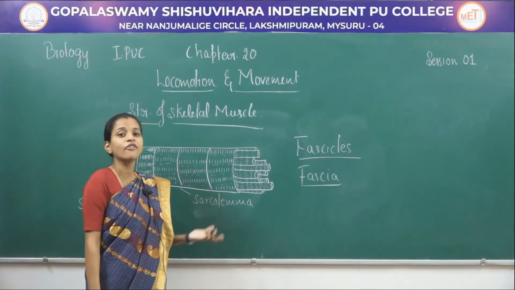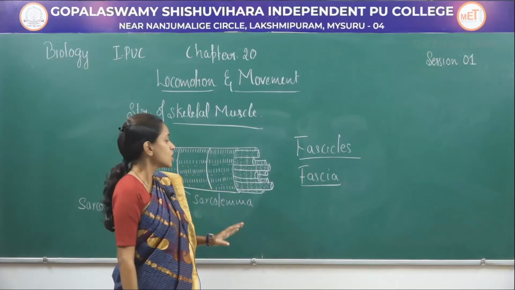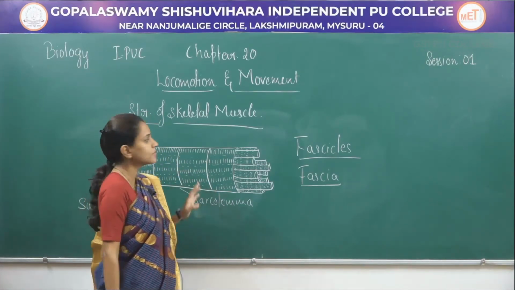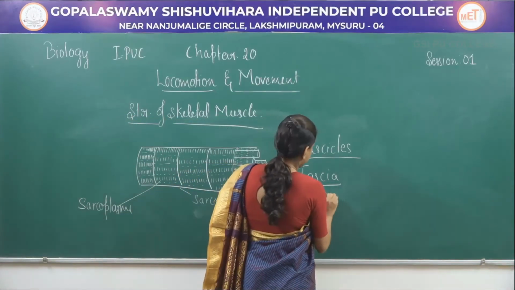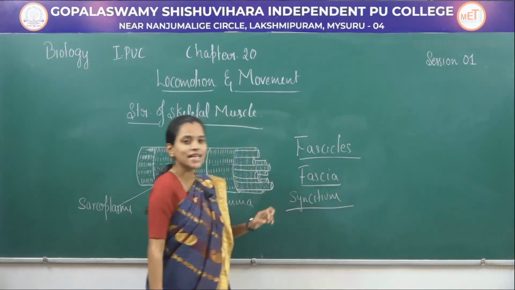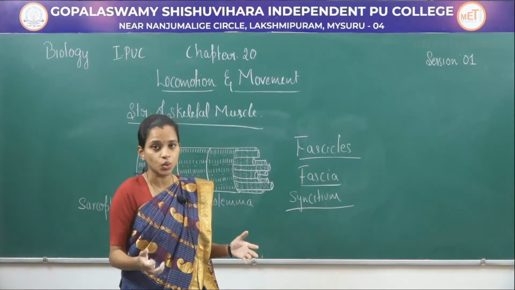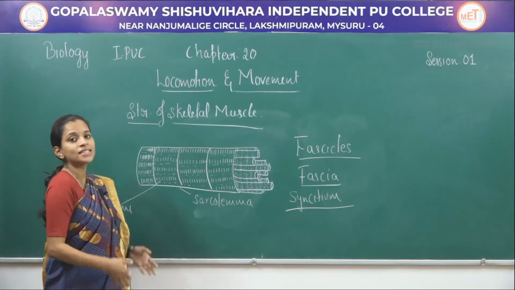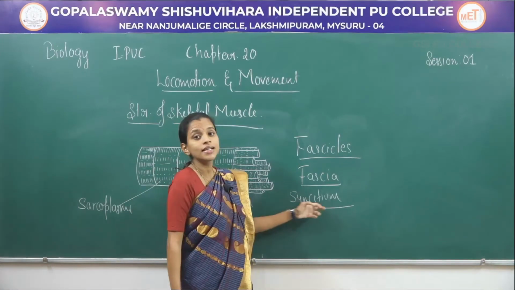We have seen that they have peripheral nuclei arranged in the skeletal muscles. As they have multiple nuclei within the sarcoplasm, they are termed syncytium. What is a syncytium? A syncytium means a cell which contains multiple nuclei. So sarcolemma enclosing the sarcoplasm contains many nuclei, which is why they are termed syncytium.